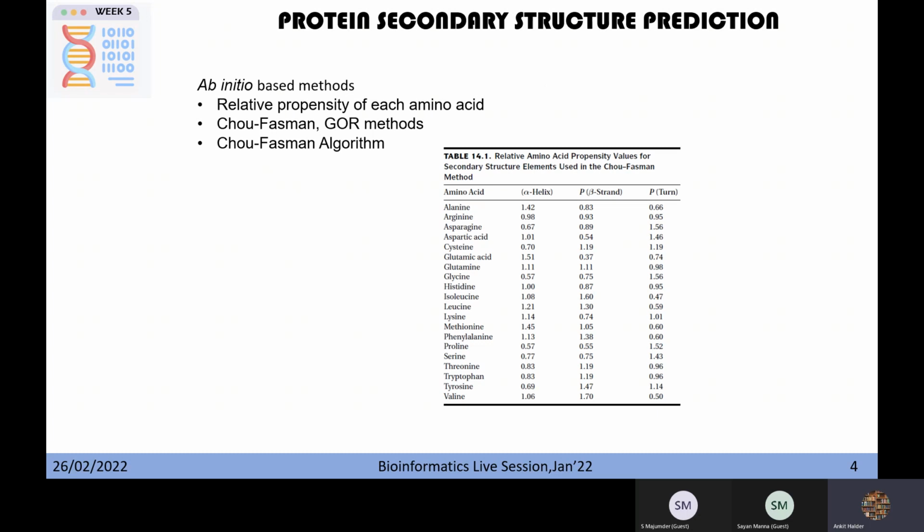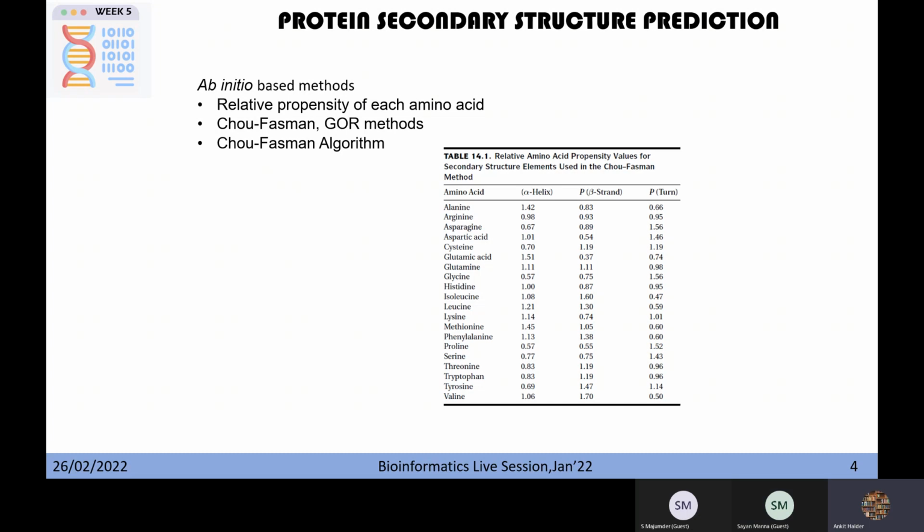For ab initio based methods, the relative propensity of each amino acid is calculated, that is, whether the amino acid is present in an alpha helix, beta strand or coil form of structure.